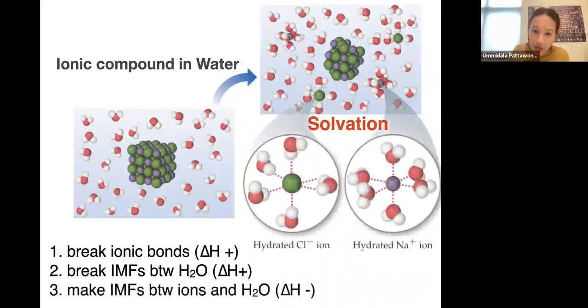The interaction between the water and the ions is what we refer to as ion-dipole. This comes from the partial positive and partial negative charges of the water molecule interacting with the cation and anion within the ionic compound. The third step of this process involves making the new interaction, the ion-dipole, which releases energy, so the third step is an exothermic process.